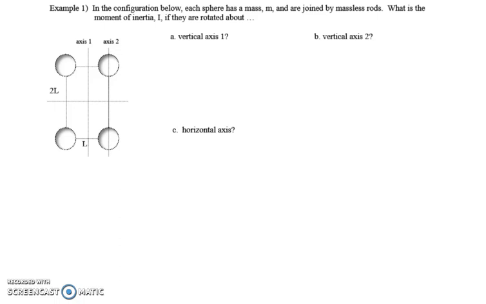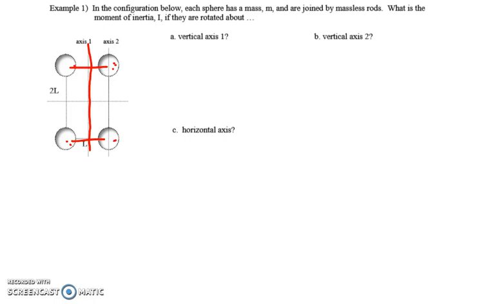Okay, so let's do axis 1. What we've got to do is see how far away each mass is from that axis, the shortest distance. So if this length from here to here is L, as given down here, and this is L down here, then it makes sense that each sphere is L over 2 away. So we have L over 2, L over 2, there's no negatives in this case, L over 2, L over 2, so we do that 4 times.